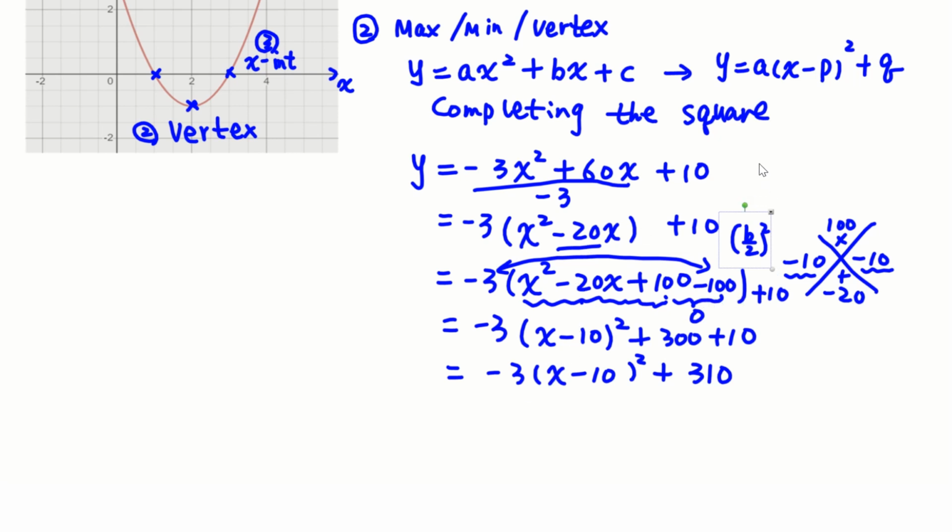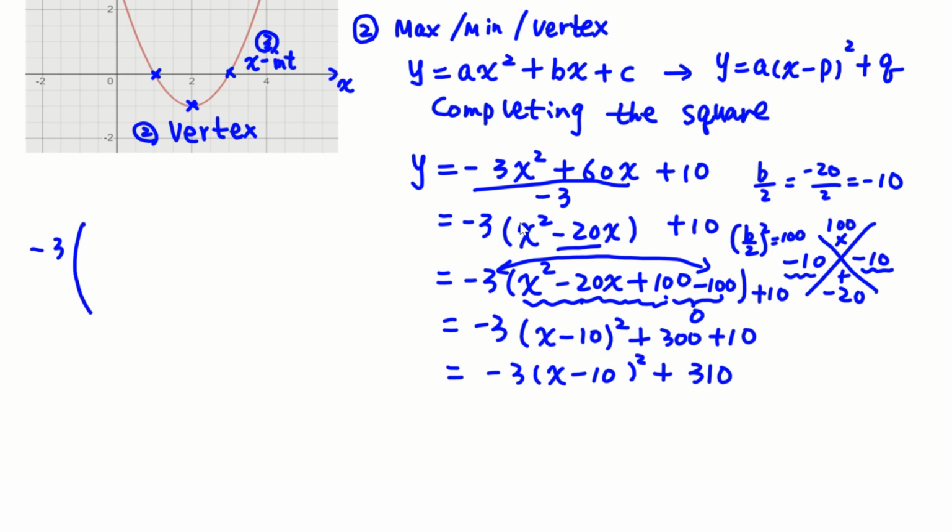Half b gives us negative 20 over 2, which is negative 10. Then half b squared gives you 100. Then plus 100 minus 100. This is one way, or we could use a box method.